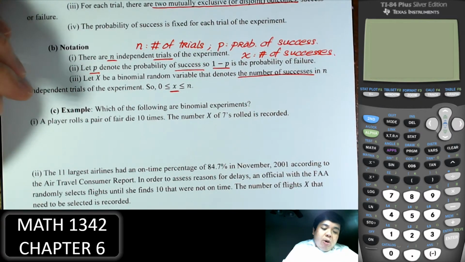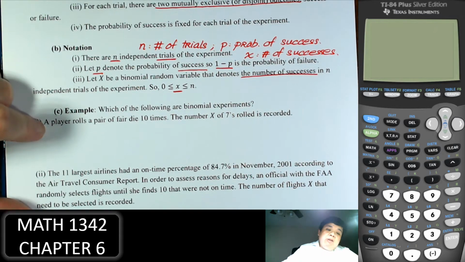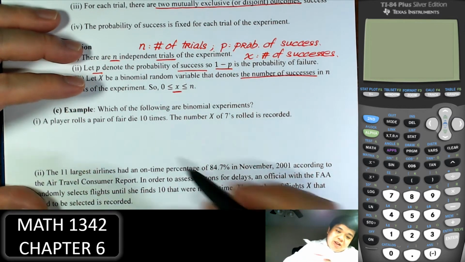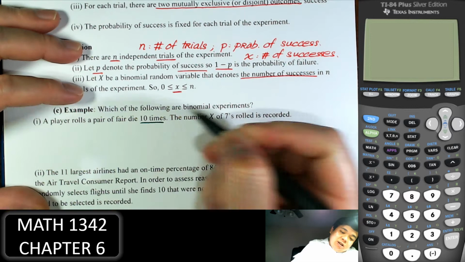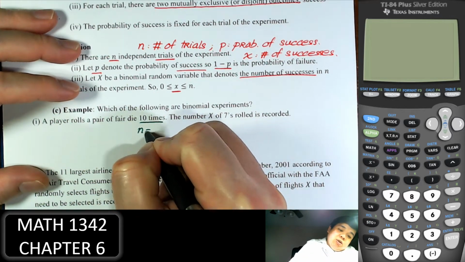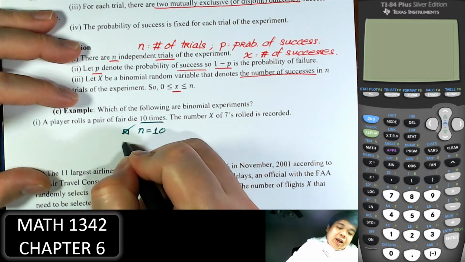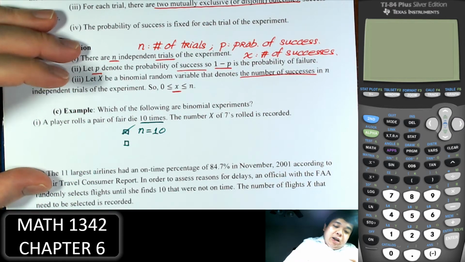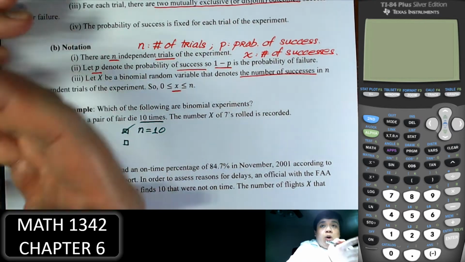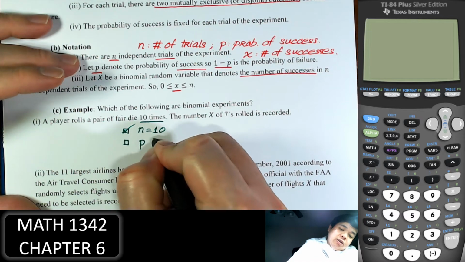Which of the following are binomial experiments? A player rolls a pair of fair dice 10 times. So we have the number fixed. n is equal to 10, so that's good. Next is the fair dice. So when we're rolling, the probability would be the same every single time. So p is fixed.